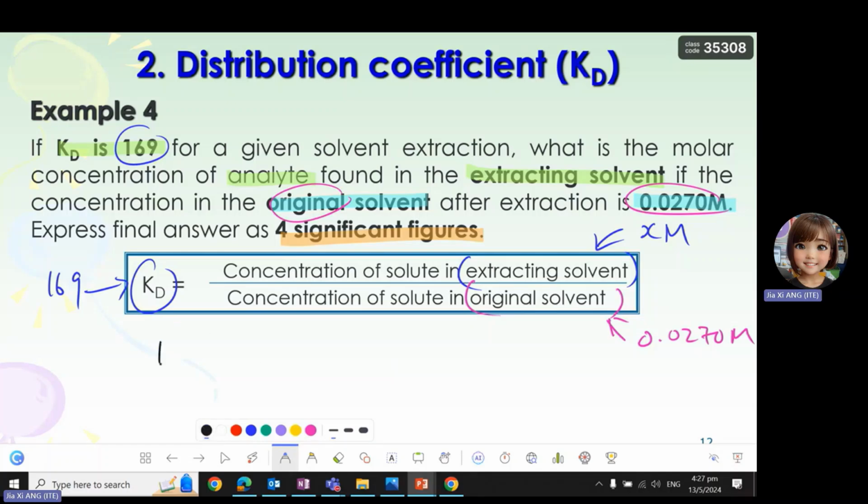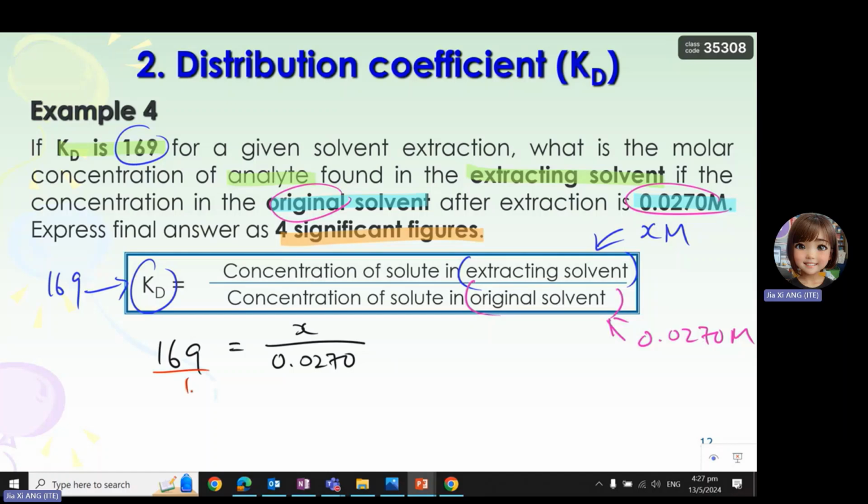You just need to substitute the numbers: 169 equals X over 0.0270. So you can do a cross multiplication. X times 1 is X, and this part is 169 times 0.0270.